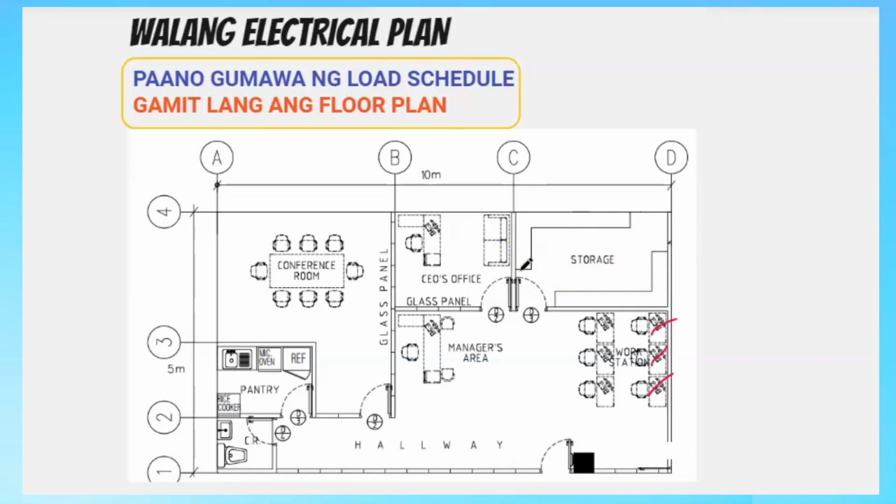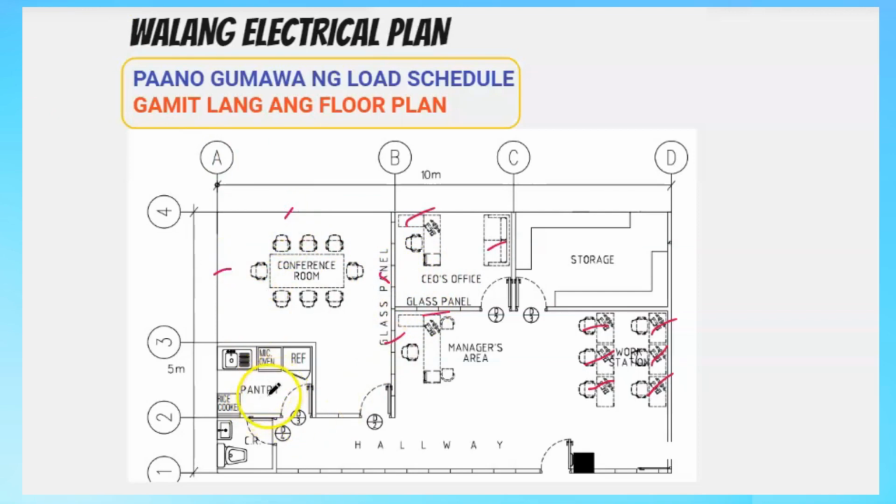So what we need to do is count in the actual plan, assuming the outlets are placed here. So the 3 outlets really are not enough. Let's check the actual: 1, 2, 3, then 4, 5, 6 for the manager's area, here two, 7, 8. For storage and CEO's area, we have 1, 2. For the conference room, we have 1, 2, 3.